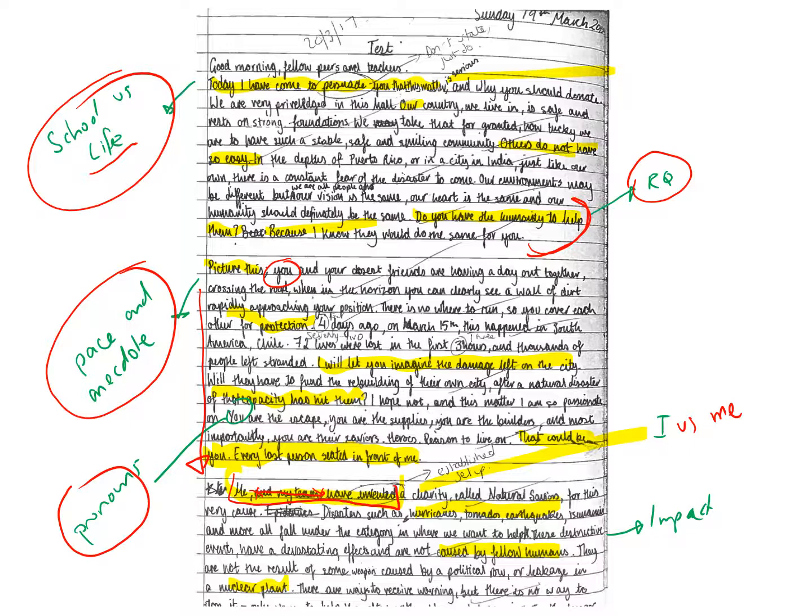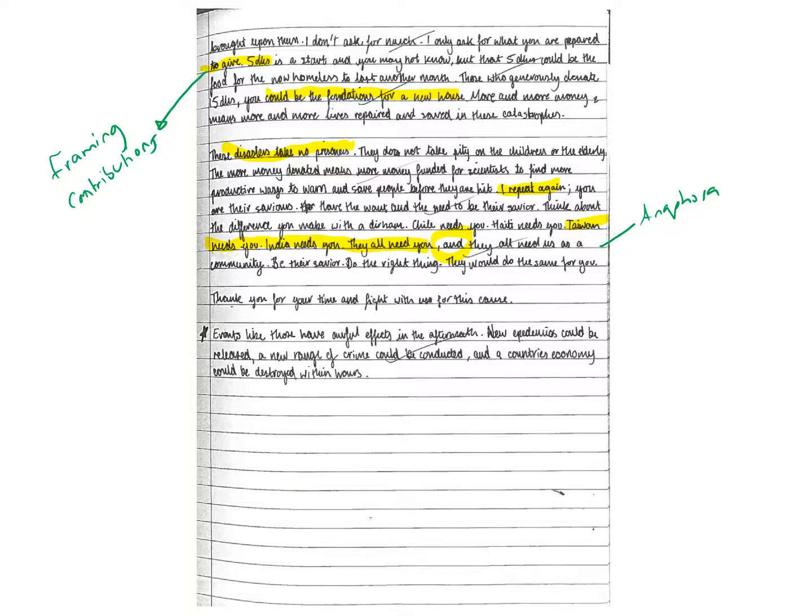Now, in terms of this part of the speech, the impact of the natural disasters is spoken about. And that's a very useful change in pace. We're coming now to the latter part of this piece of creative writing, and the contributions are being spoken about.